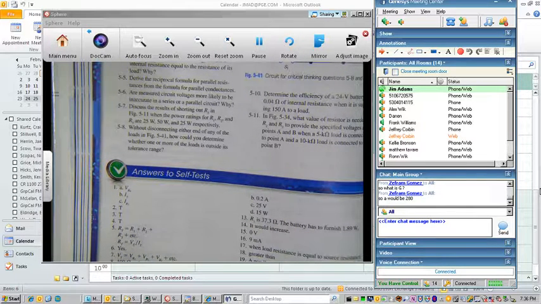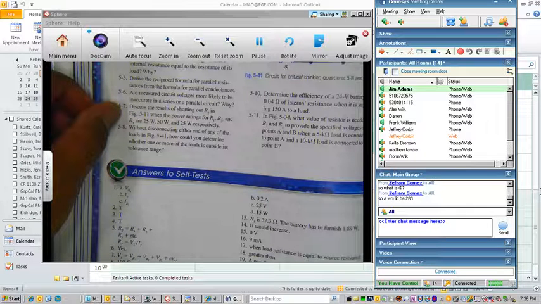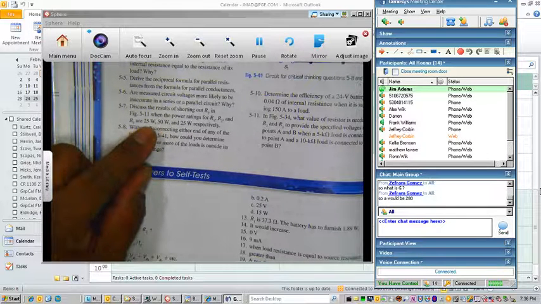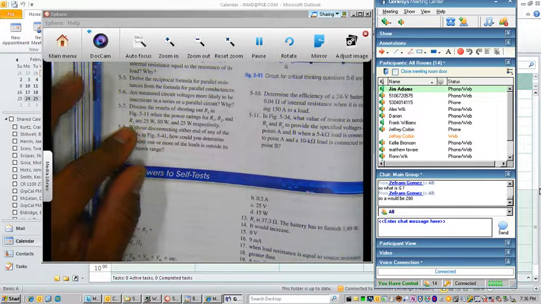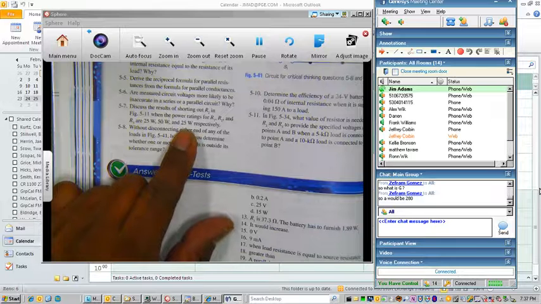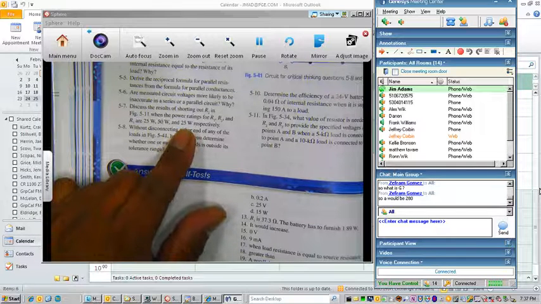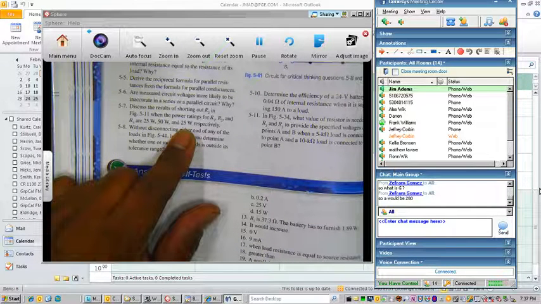Okay, so let's go back to the problem here. Yeah, what's the problem say? It says discuss the results of shorting out R2 in figure 511 when the power ratings for R1, R2, and R3 are 25 watts, 50 watts, and 25 watts respectively.